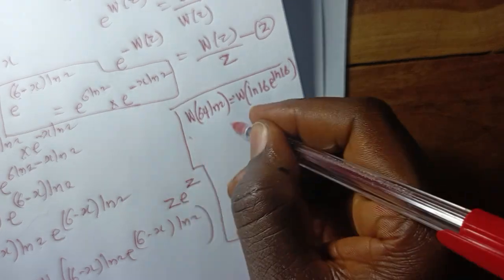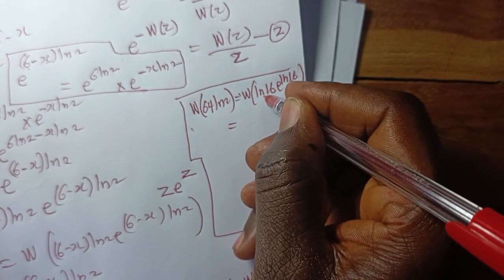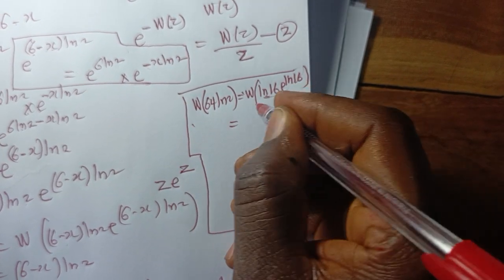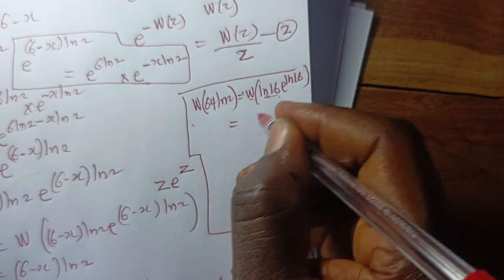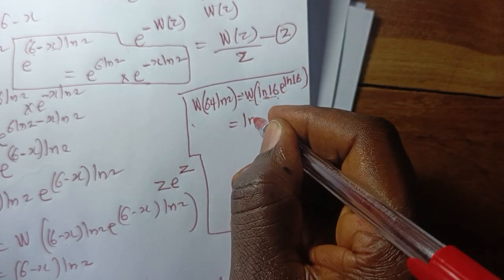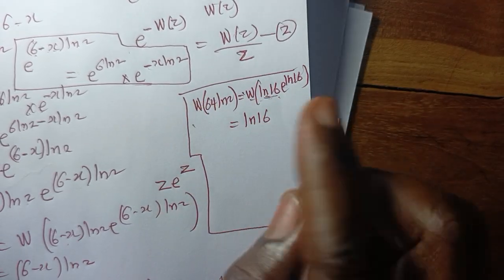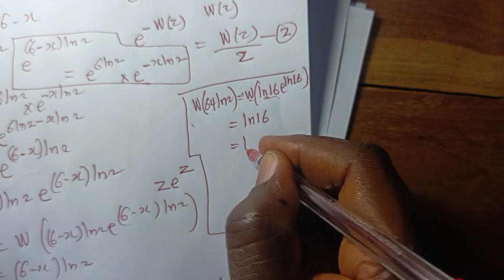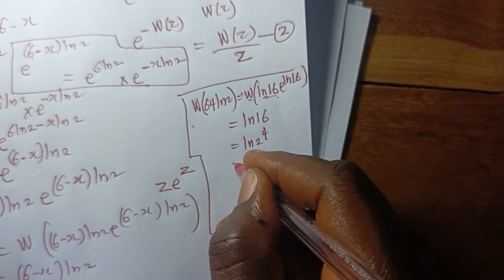So when we simplify this further, this will be c. Then when we evaluate the Lambert W function, we are going to have c, which is ln 16.